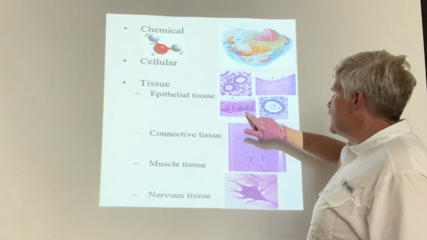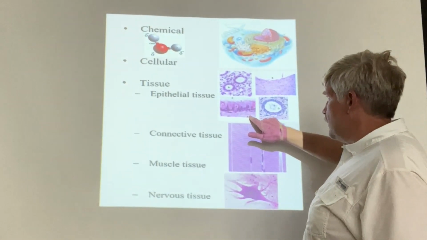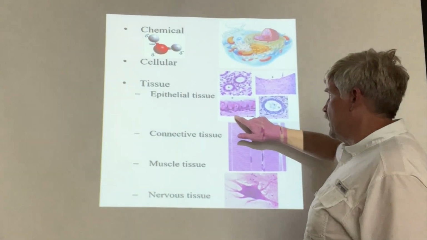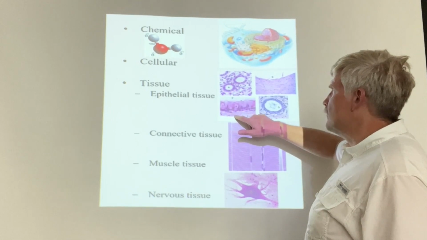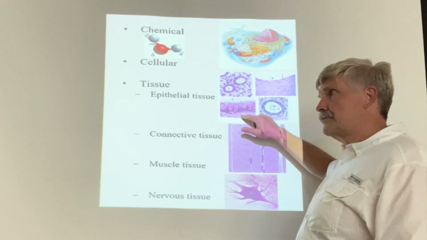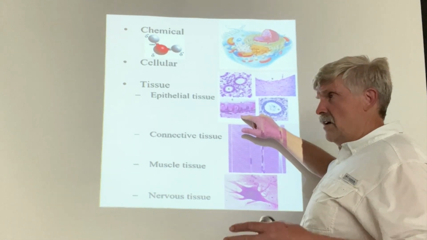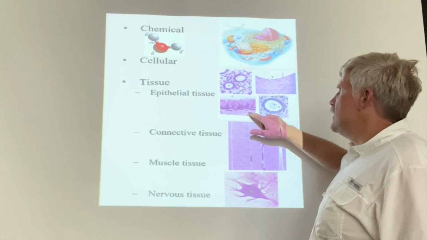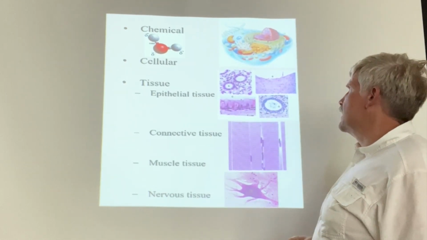Connective tissue has cells, but these cells are placed at a distance from one another, and I have a whole bunch of material, which could be fibers, or they could be gelatin, or basically just glue and goo that hold the fibers and the cells together.